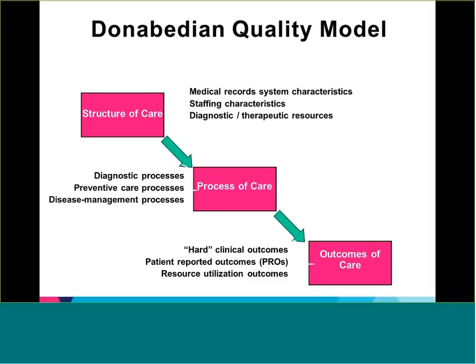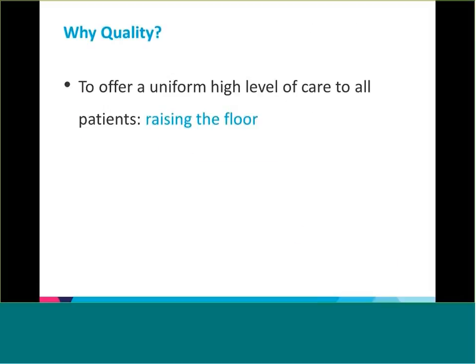These kinds of outcomes that we'd like to measure. And then there are also the patient-reported outcomes, things that you guys can tell us that we don't have to measure on a scale, like on a blood test or literally a scale, like weight. And then resource utilization and dollars that we're spending and things that we're doing that we can count as well. And these are the outcomes of care that we want to improve.